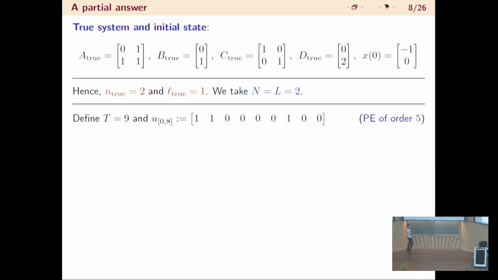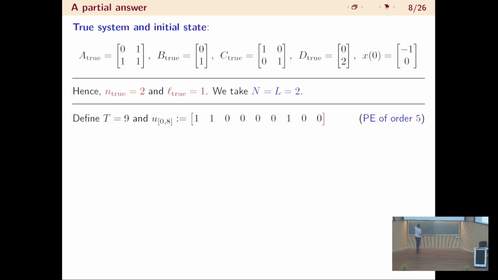I also don't see that immediately, by the way. But the point is that if you look at the Hankel matrix of depth 5 of this input, well, what is that? 1, 1, 0, 0, 0.